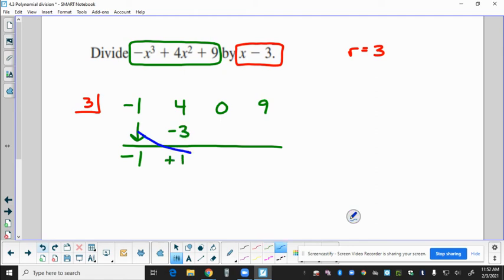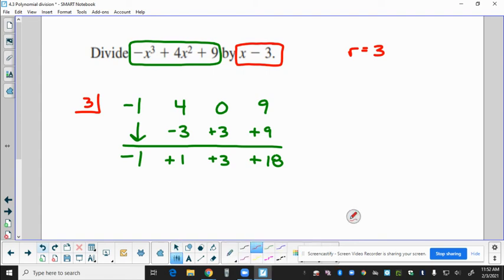Repeat. Multiply those. That would be 3. Add them up. Multiply again. That'd be 9. That's 18. So it looks like all the problems we've done so far have had a remainder.